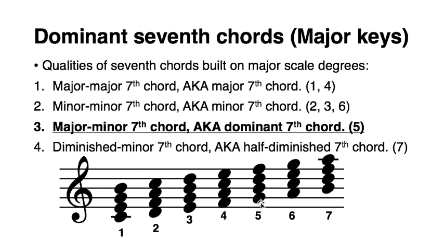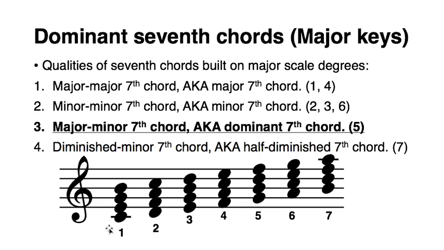For example, the relationship between 5 and 1 is one that dictates that we have to move from 5 back to 1. There's this yearning once we arrive at 5 to go back to 1. You can see that it features here the leading tone, right?